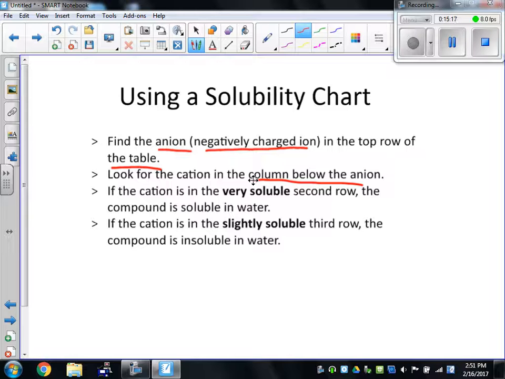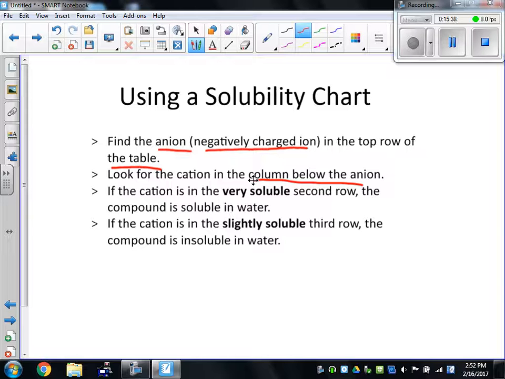This row is called very soluble. This row right here will not form precipitates. This row down here will form precipitates. So the bottom row is the precipitates, and this row is not the precipitates. It's very soluble, we'd say.